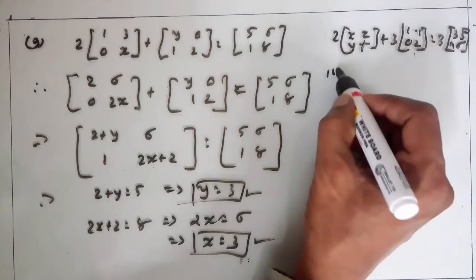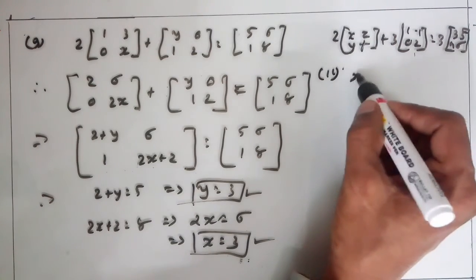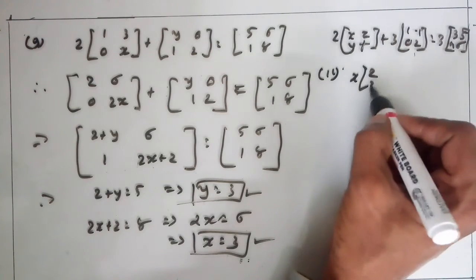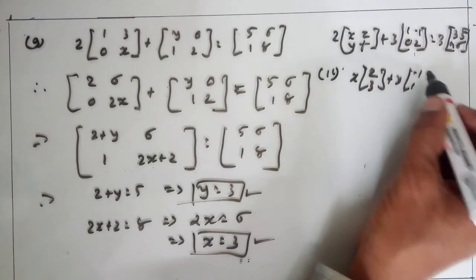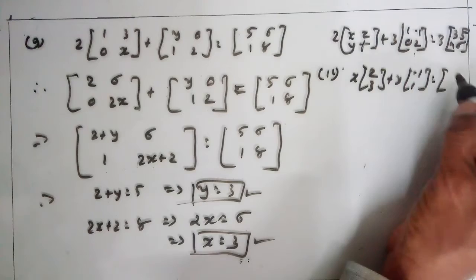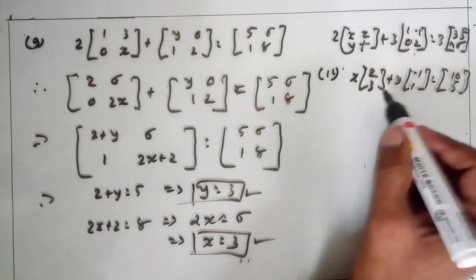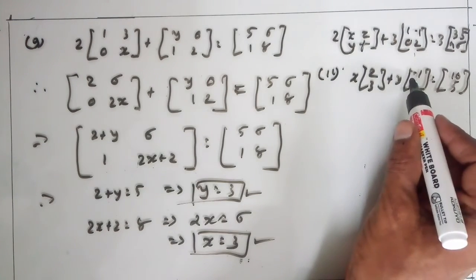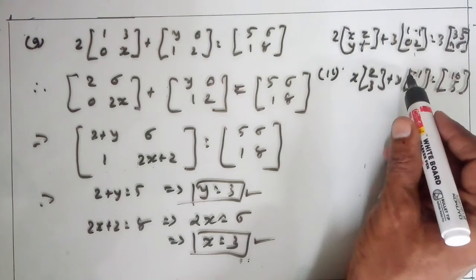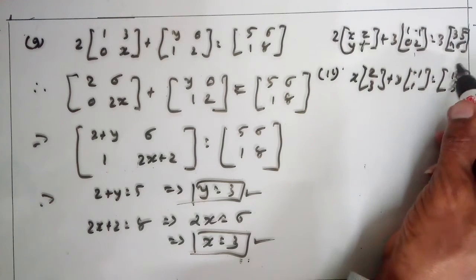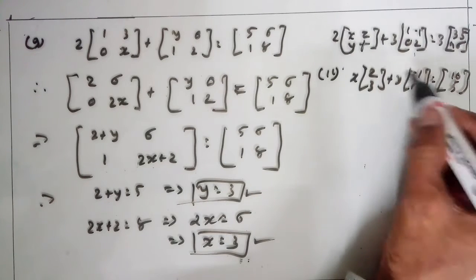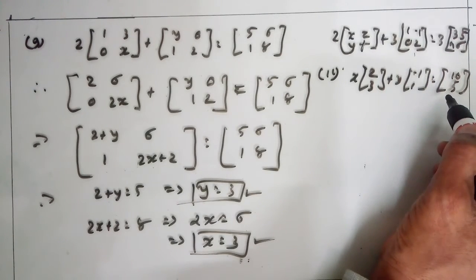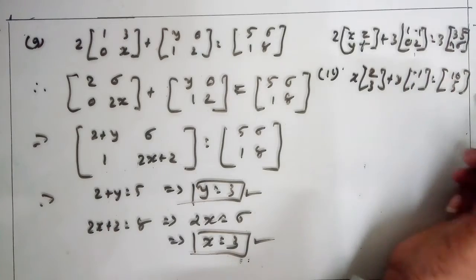Same in Q11. Given x into matrix [2; 3] plus y into matrix [-1; 1] is equal to matrix [10; 5]. First take x inside, take y inside, take the addition of these two matrices, compare with the given matrix. We get two equations of x and y. Solving these two equations, we get the values of x and y.